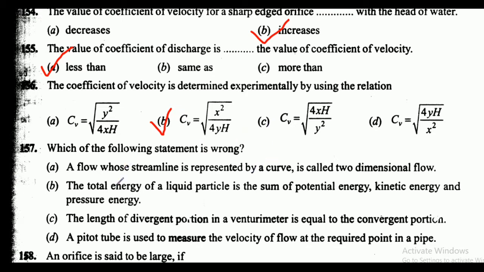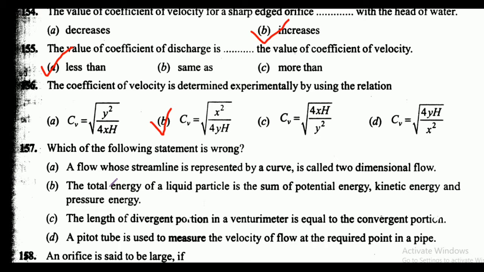Next is which of the following statement is wrong. Here friends, statements are: Option A, a flow whose streamline is represented by a curve is called two-dimensional flow. Option B, the total energy of a liquid particle is the sum of potential energy, kinetic energy, and pressure energy. Option C, the length of divergent portion in a venturimeter is equal to the convergent portion.